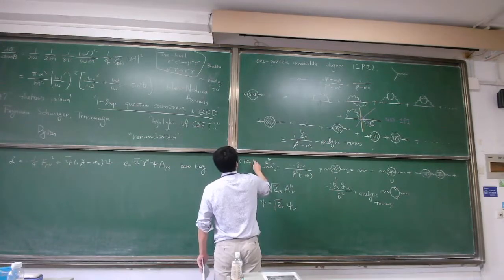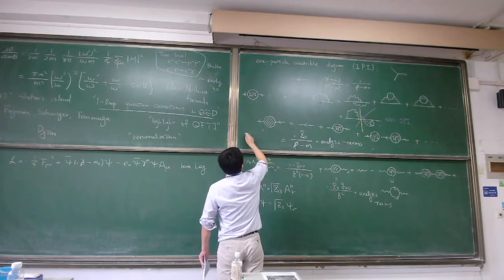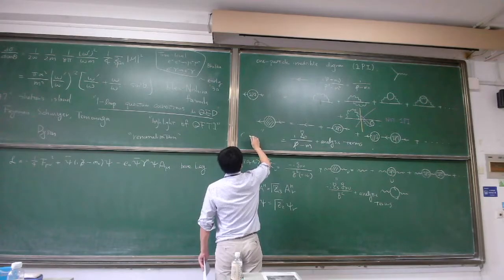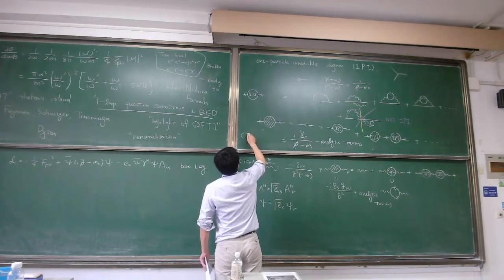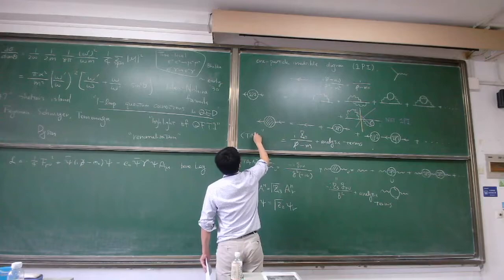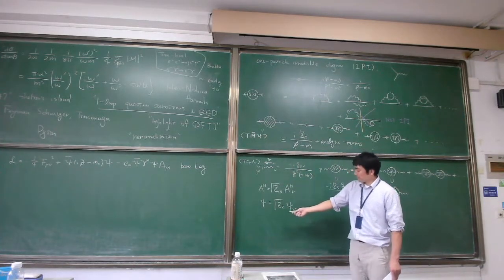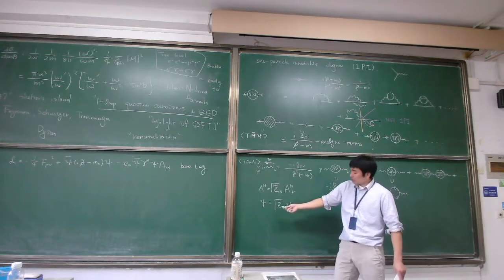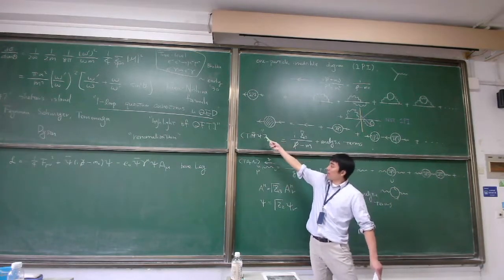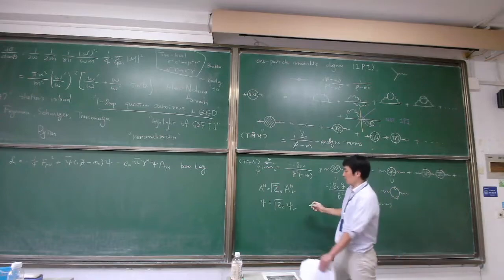Okay, if you rescale it, we know that this is the time order of mu and nu, and this one is the time order of psi bar and psi. So if you rescale both psi and psi bar by the square root of Z, that's the same thing.